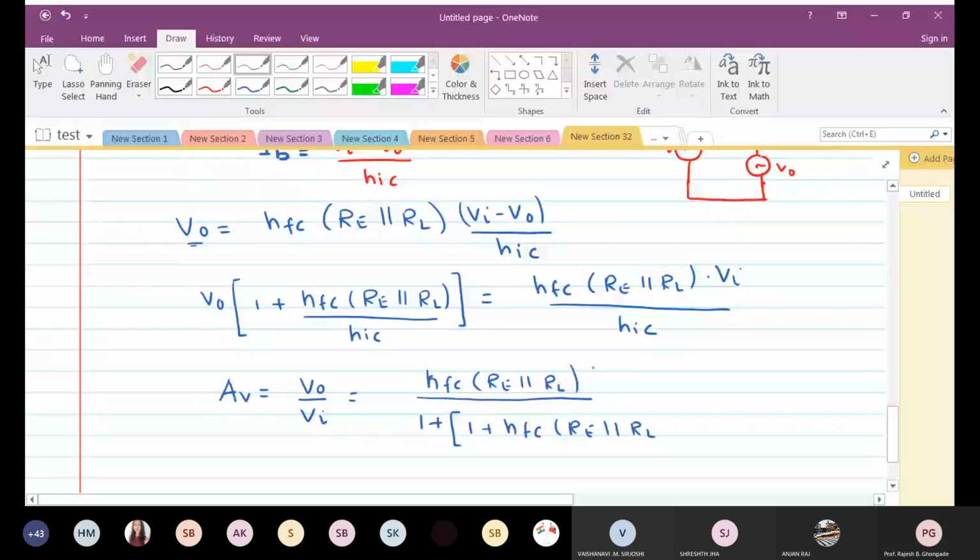If you don't want to get confused, let us have this term here, this divided by HIC.